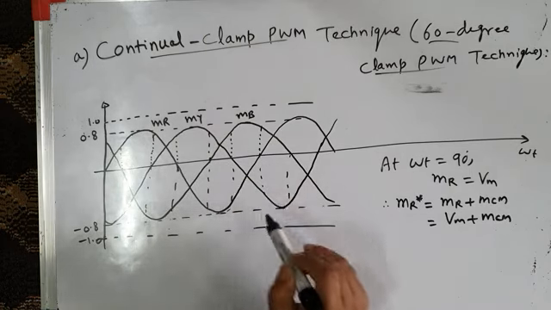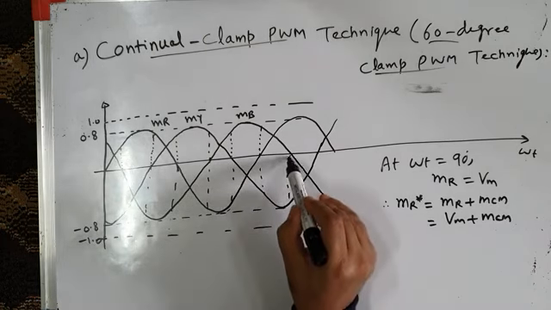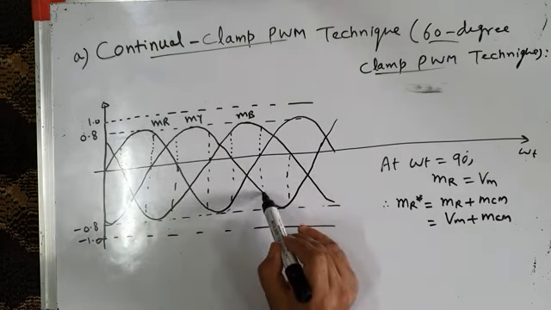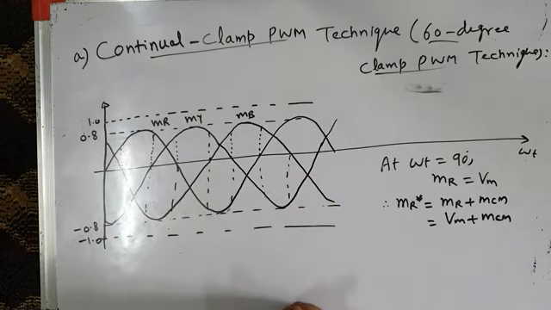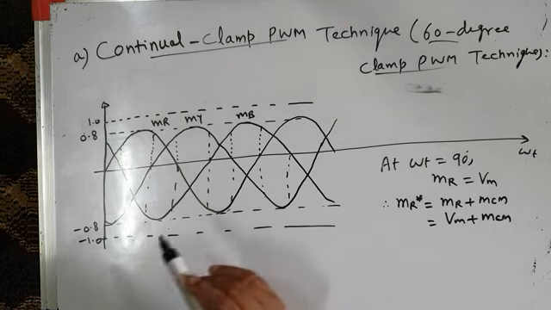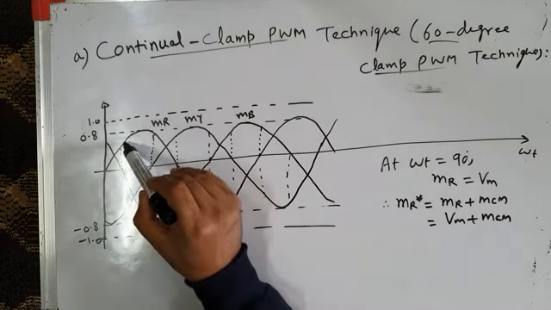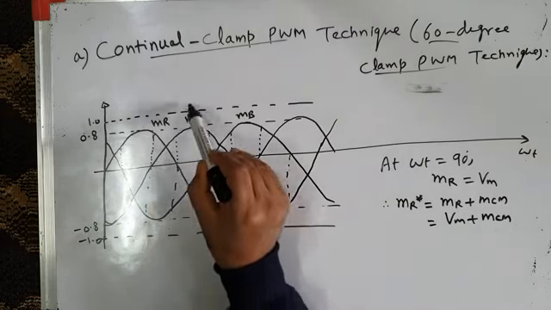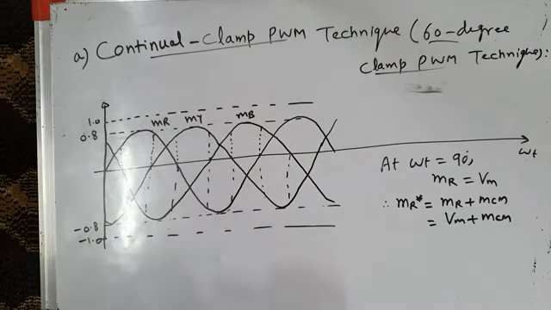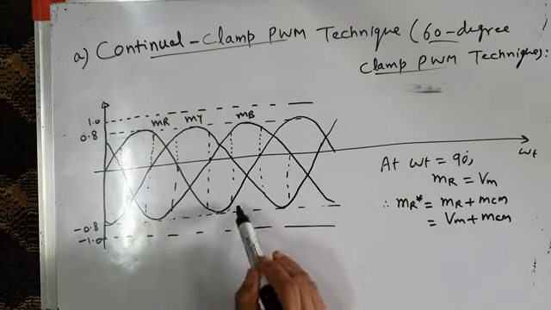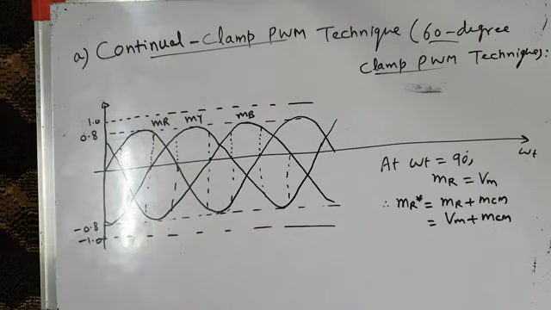Similarly, this MY modulating wave, or phase leg Y, can be clamped to the negative DC bus over this 60 degree interval. So now the question is how to clamp phase leg R, phase leg Y and phase leg B to the positive DC bus over these 60 degree intervals and to the negative DC bus over these 60 degree intervals.